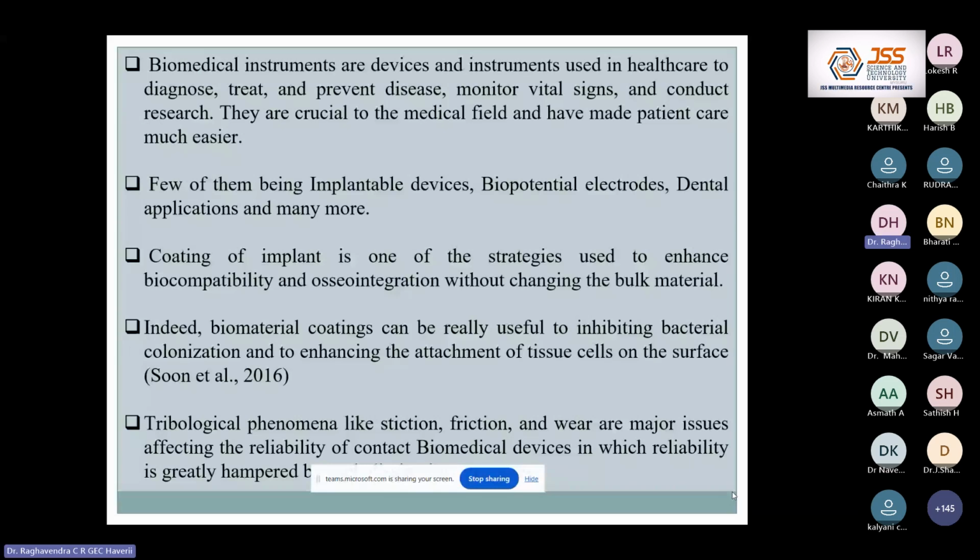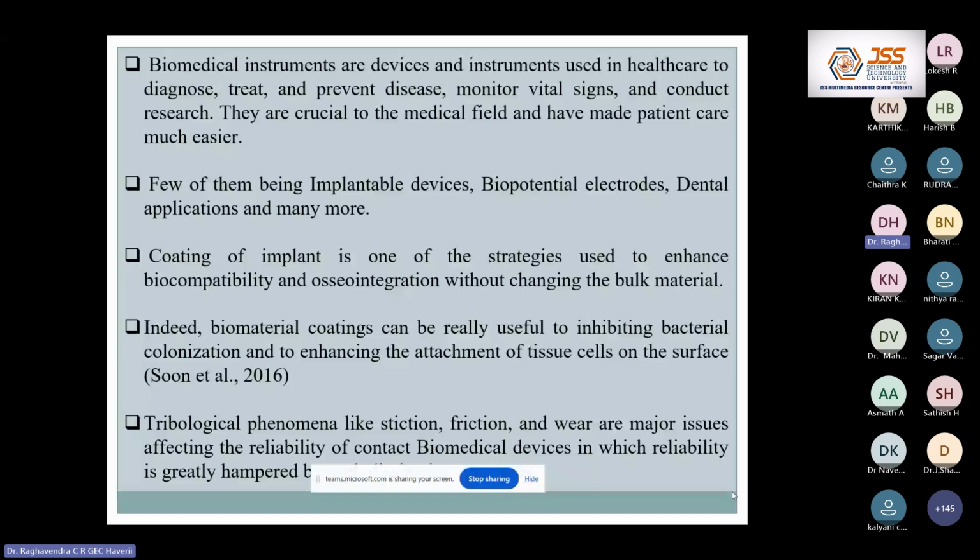Nowadays, particularly in orthopedic fields and even in the surgery department, these materials are going to be a lifetime beneficiary for the patients. A few of them are implantable devices, biopotential electrodes, dental applications, and many more.